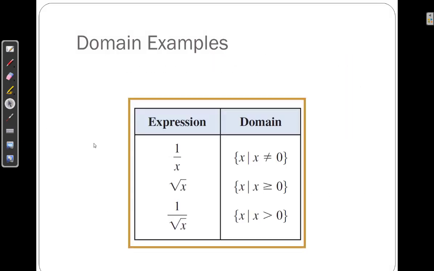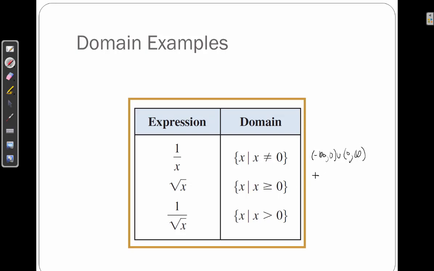This is a table from the book where they give you a few quick expressions and their domains. I'll say in the homework, most often they want you to write these in interval notation. So interval notation for this would be negative infinity to 0, union 0 to infinity.